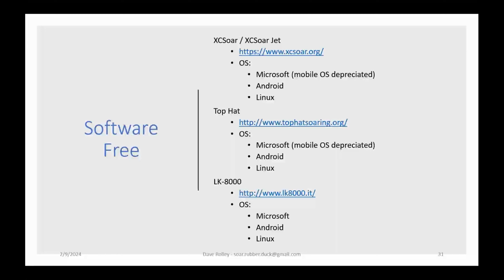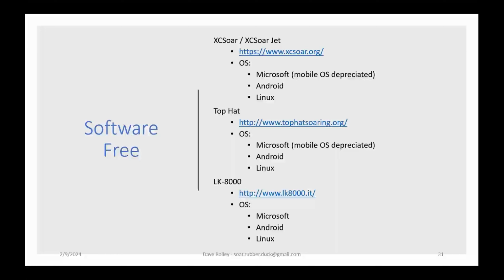Now, these are all open source projects that are basically staffed by volunteers. The development teams can range from one or two folks to a community of developers. These are somewhat similar products because in the dim, dark days of history, something like 10 or 15 years ago, these derived from a common baseline. Today, they each have grown into their own unique product. So XCSoar is probably the most mature of the open source gliding software.